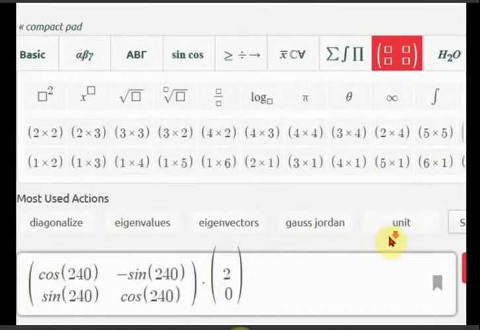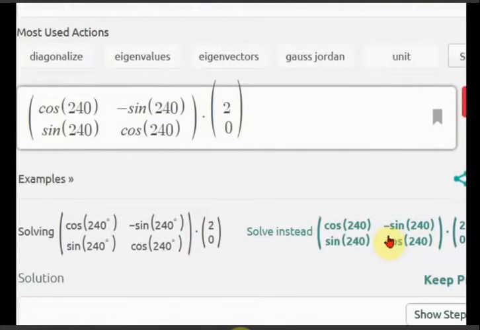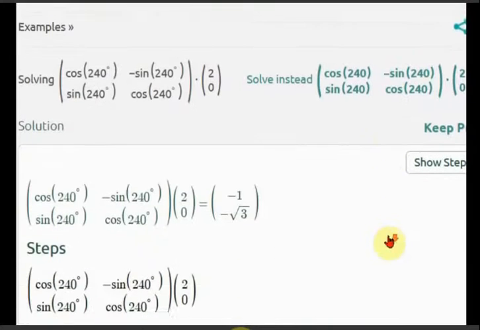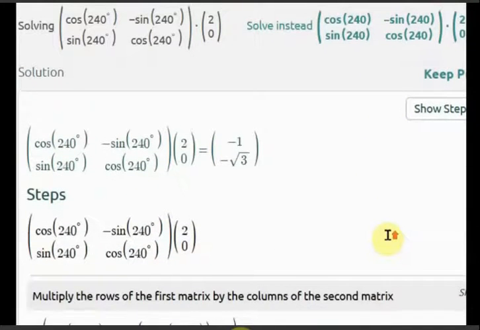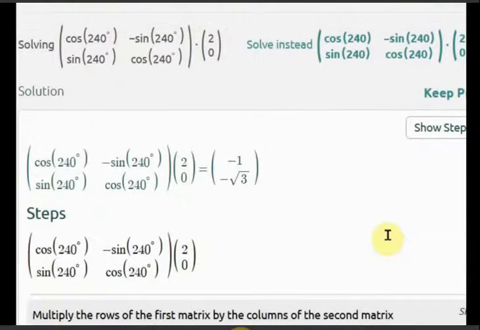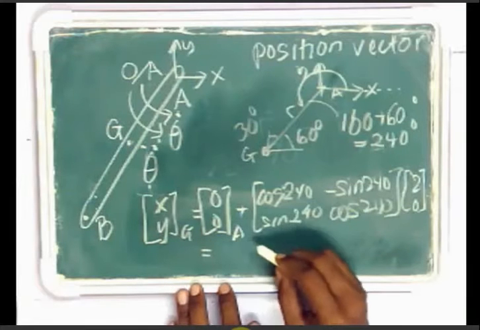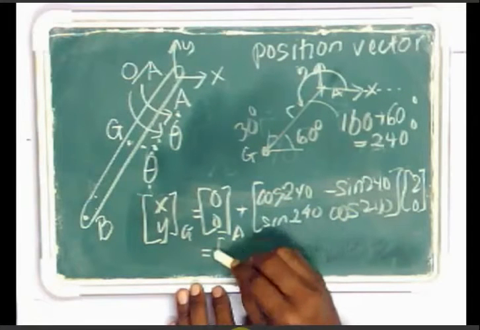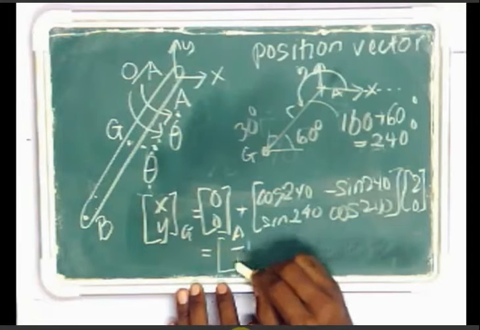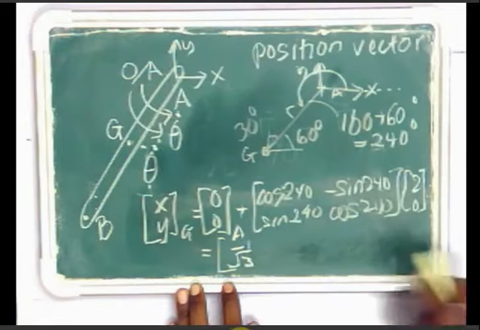The software is calculating. So these are the values that we get. We have minus 1 and minus square root of 3. So because this one is 0, we have minus 1 and minus square root of 3.